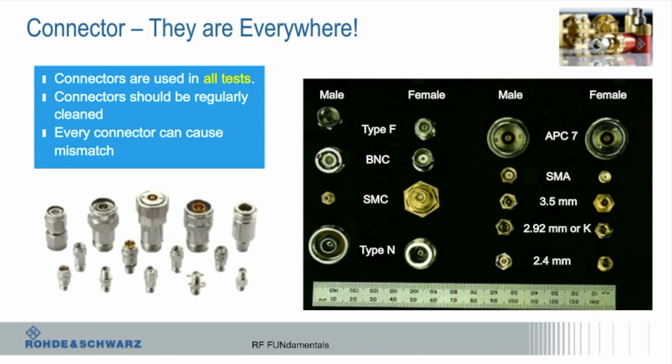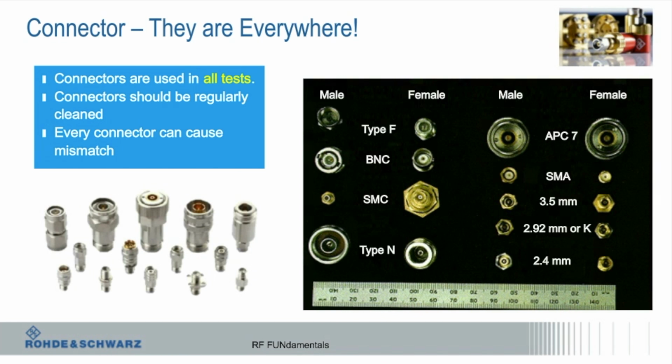We're going to forget about SMA for now, because that's a dirty word for me. But 3.5 and 2.92, 3.5 is 26.5 gigahertz, 2.92 is 40 gigahertz. Those two you can actually mate together. It's okay to connect them, screw them, unscrew them, whatever. Just make sure you torque them, and I'll make some other comments on that. But those two are allowed to connect.